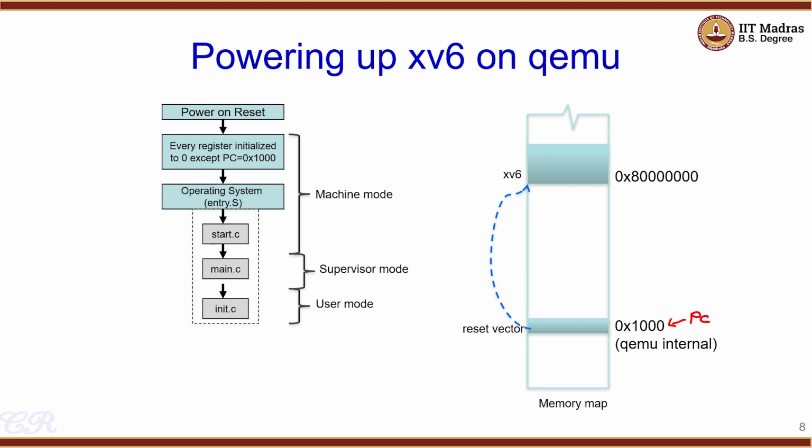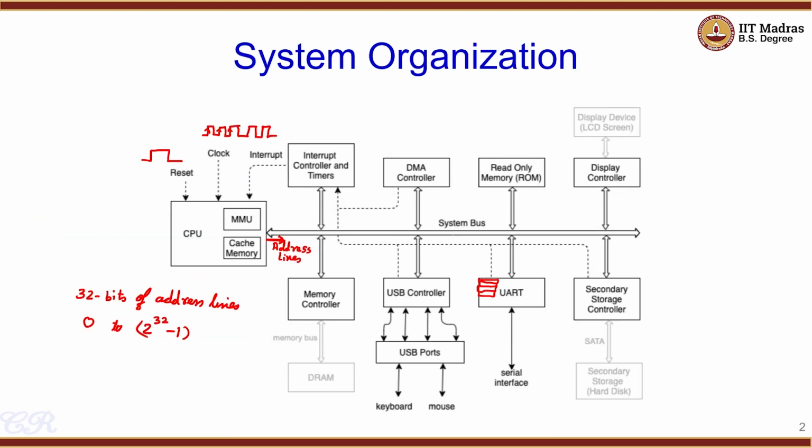Now in this location 0x1000, you just have one instruction which jumps to the location 0x80000000, right. So your bootloader and xv6 and so on are present at this memory location and would execute, right. One quick thought over here is that if I want to connect this to this particular figure, this entire thing is emulated by QEMU.